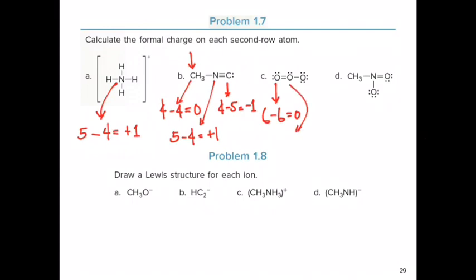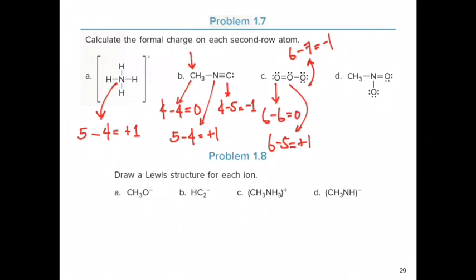This oxygen right here also has 6 valence electrons minus 1, 2, 3, 4, 5 owned. Positive 1 charge. And finally, this one right here has 6 valence electrons minus a total of 7 electrons owned. So that's minus 1.